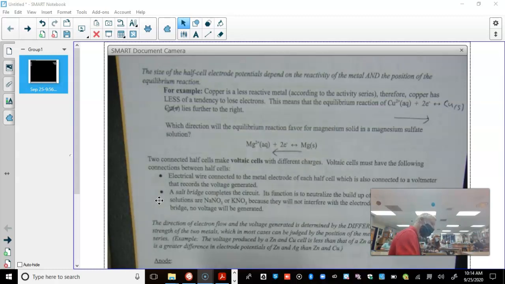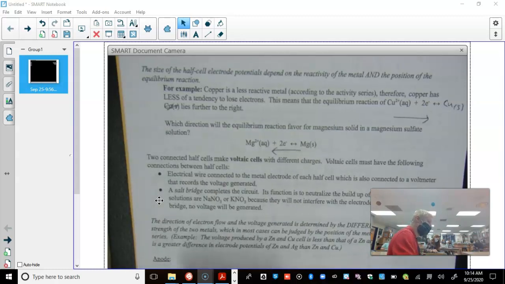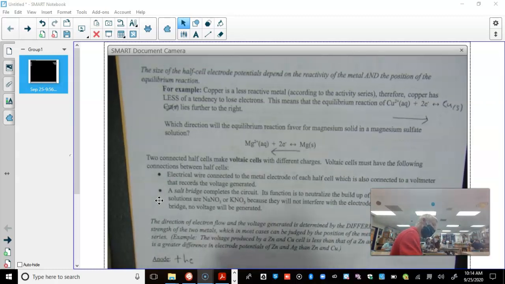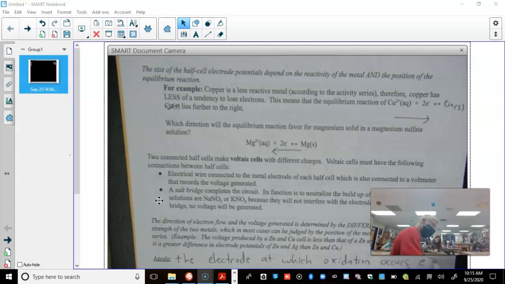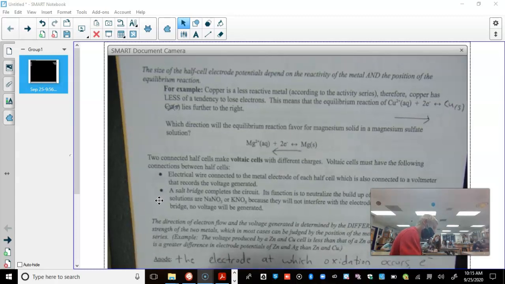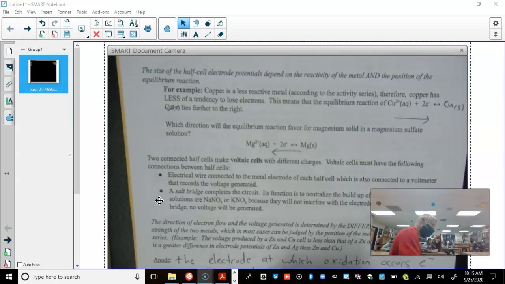All right, this is something that you're going to have to memorize, and then it kind of flip-flops when you do electrolysis. So the anode is the electrode at which oxidation occurs. Electrons are given up by the reducing agent.